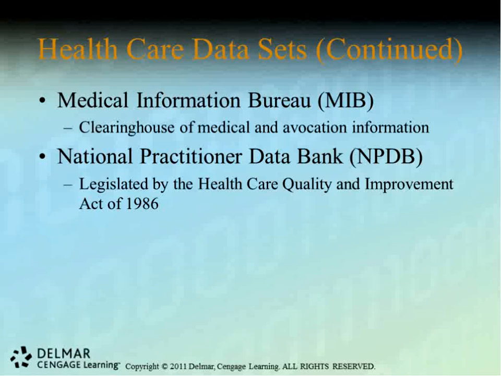Maybe they get a malpractice situation or some unprofessional behavior in one state, they can't just go to another state and set up practice again, and nobody knows any better. So this database stopped that from happening, because it did used to occur before the advent of this database.